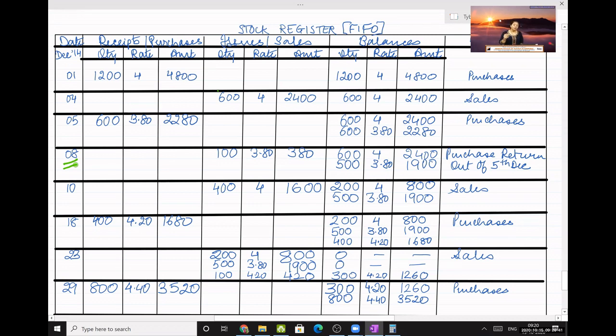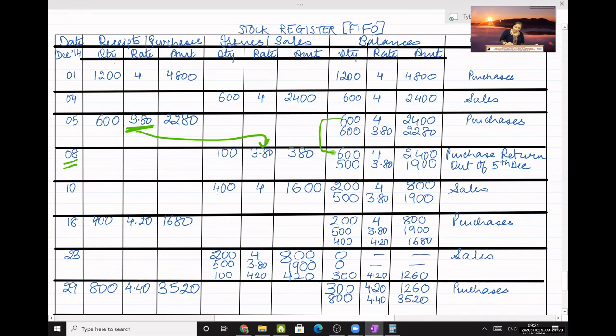And out of which date's purchases? The question has given that also: it is a purchase return out of the 5th December purchases. We also have purchases on 1st December, but the question has specifically said that the purchase return on the 8th is from the 5th's purchases. So at what rate did you take it on the 5th? 3.8. So your return will also be at the same rate, 3.8. Now see the balance column.